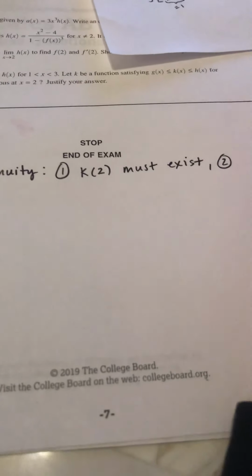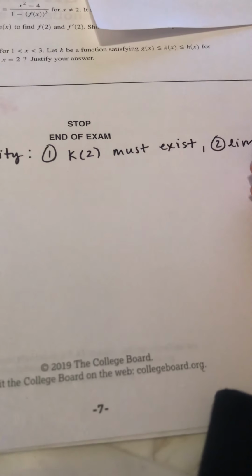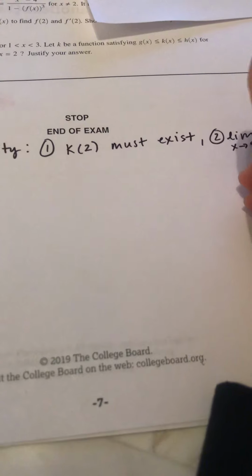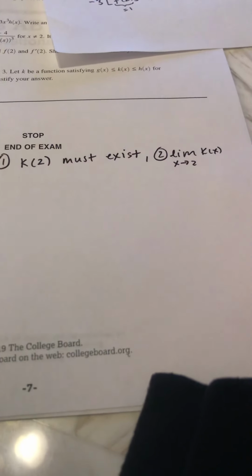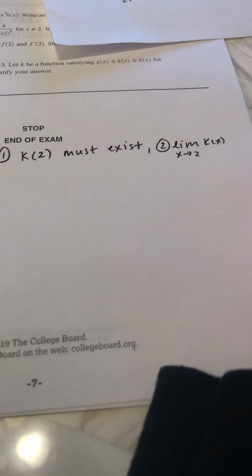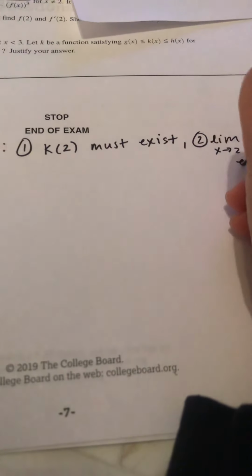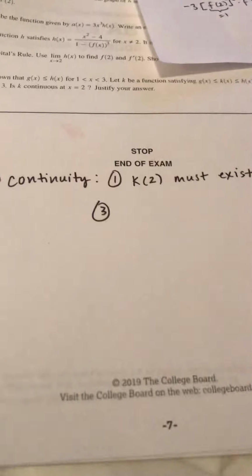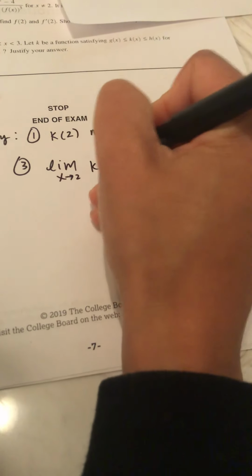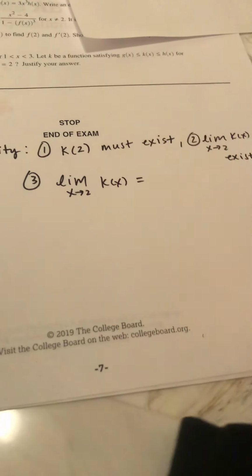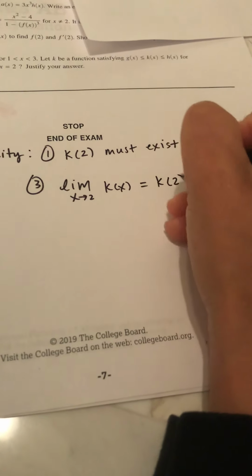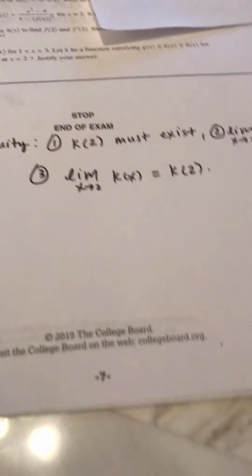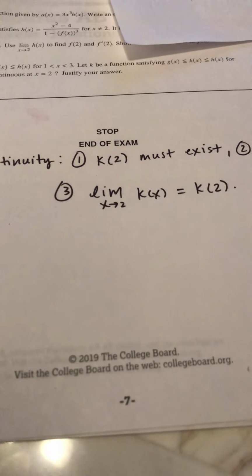The second condition is that the limit of k of x as x approaches 2 also exists. And finally, the third condition, the first two must be equal to each other. So the limit as x approaches 2 of k of x must be equal to k of 2, right? So let's plug in things that we know.